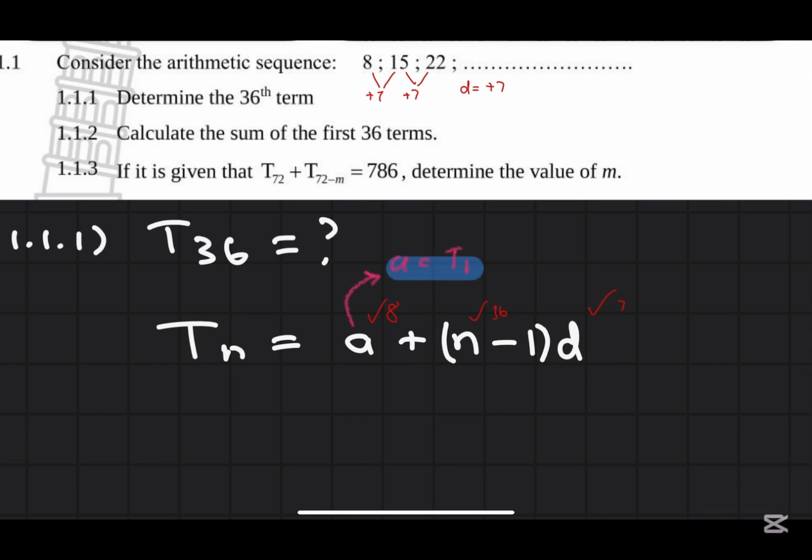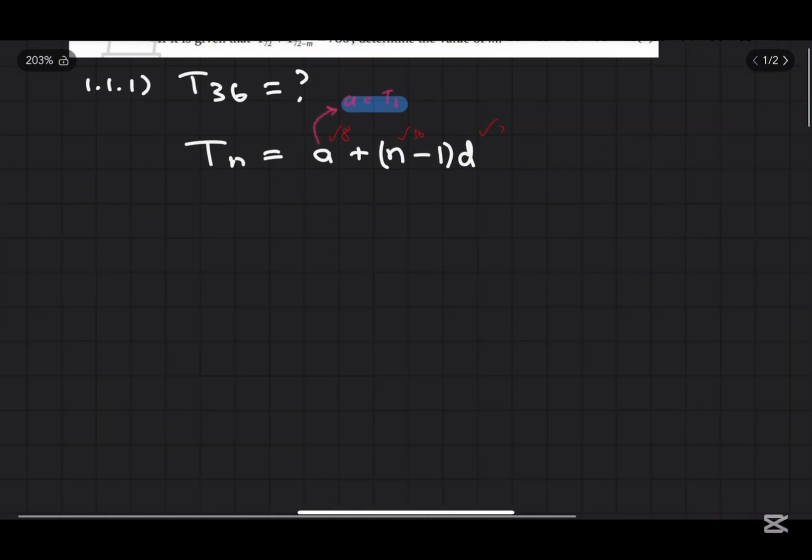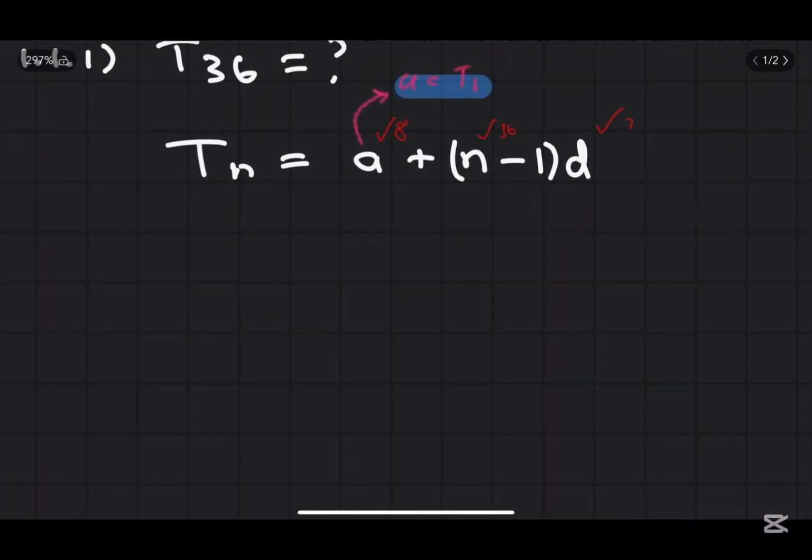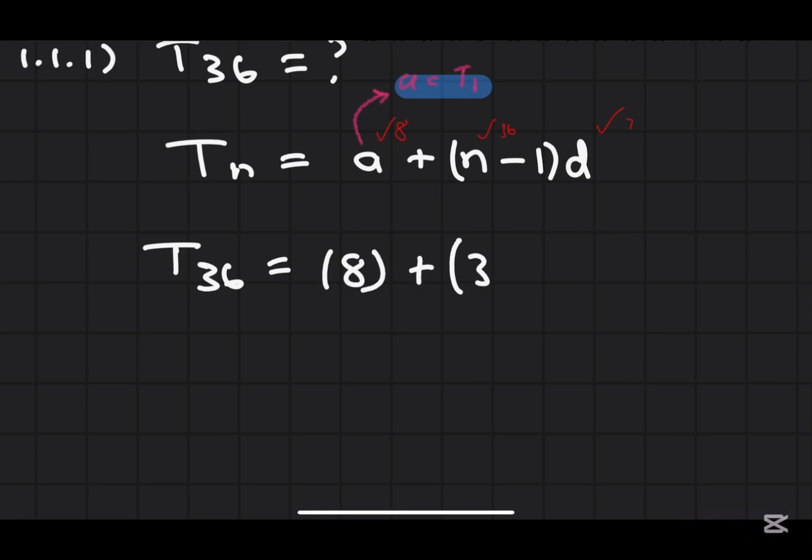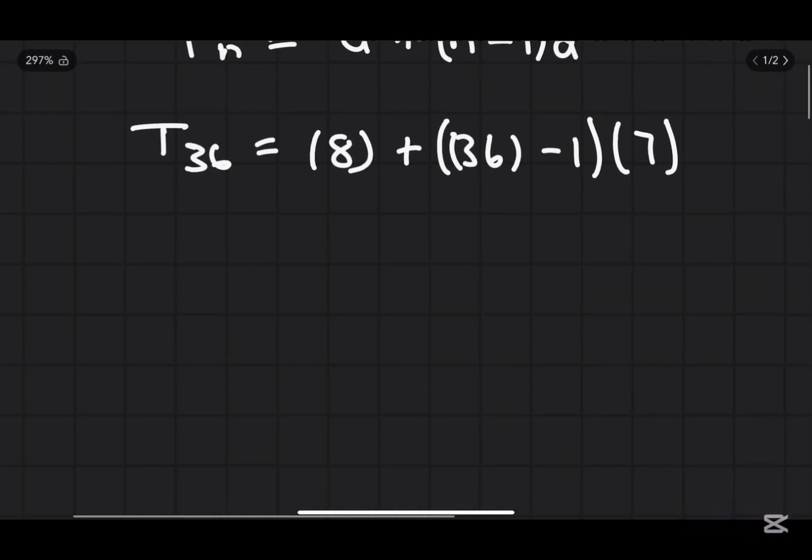Let's continue. Within this equation, we're going to substitute: T36 is equal to 8 plus (36 minus 1) times D.